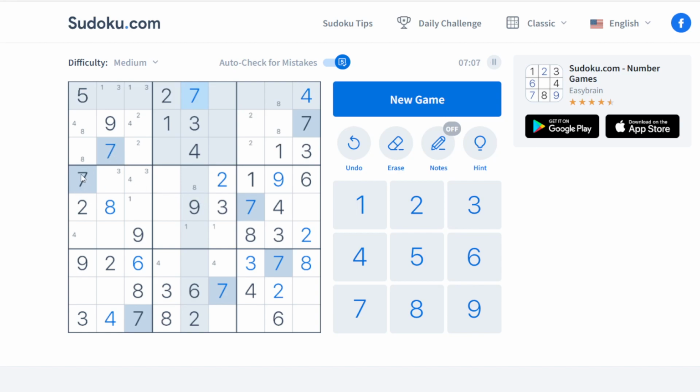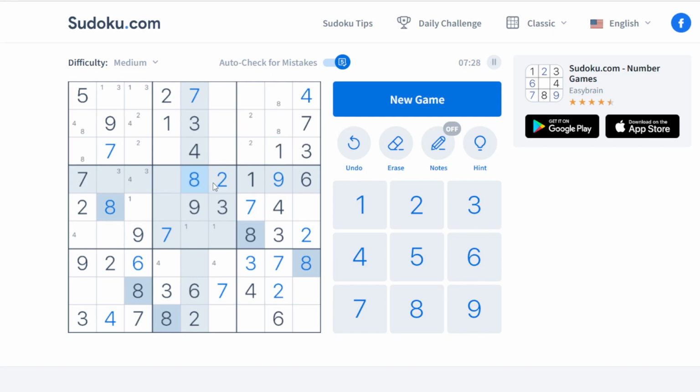And it looks like the last 7 must be right here. And I see a lonely 8 over here. I'm just confirming that, yep, that is guaranteed to be the 8.